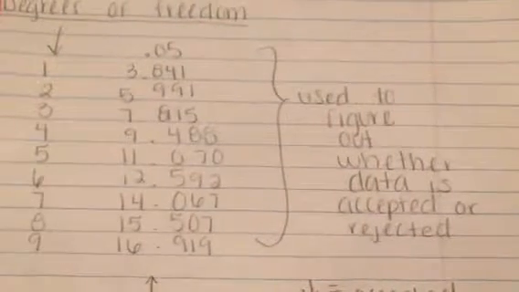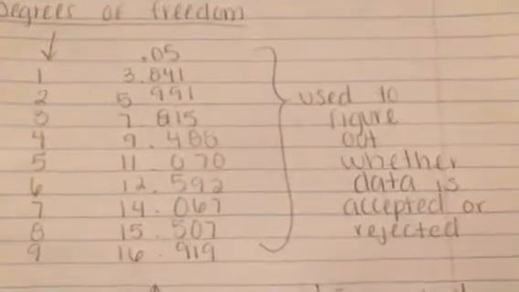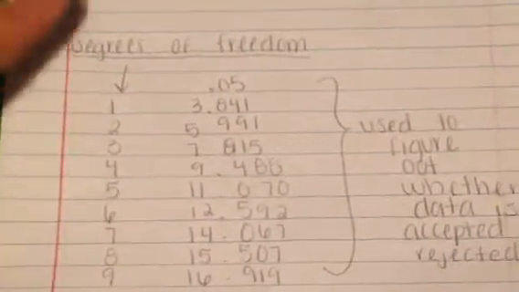And in order to use that, you use this little chart, and this is to figure out whether the data is accepted or rejected. That might seem like a little too much for you, but once I show you my problem, you'll get it. These numbers are represented as degrees of freedom, and these numbers are for the critical value.